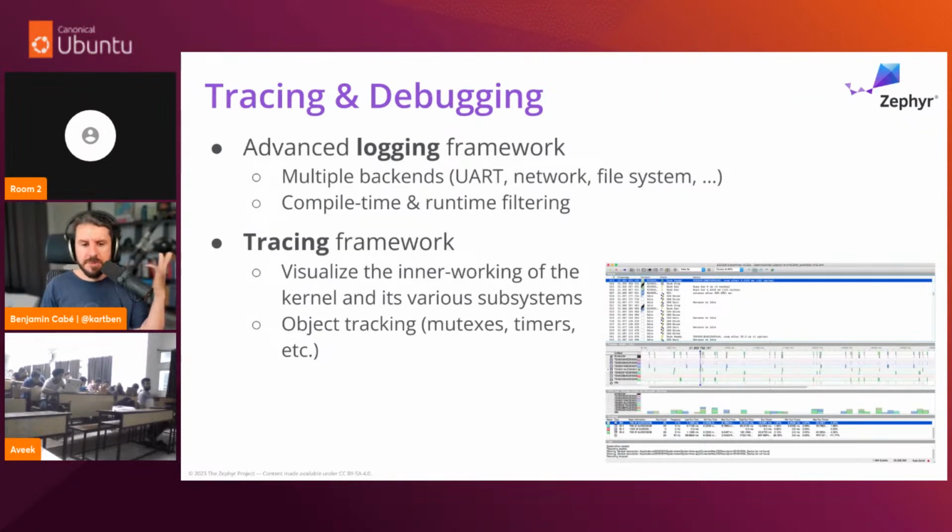Developer experience, I mentioned that early on. Whatever IDE you want to use, you can use it. VS Code is a good one, but you can use Eclipse or CLion, and you can also use tools for doing advanced tracing and debugging. If you want to dive into the actual RTOS internals and figure out why you seem to have deadlocks between your different tasks, or priority issues, you can get all the traces from the kernel and debug applications that way.